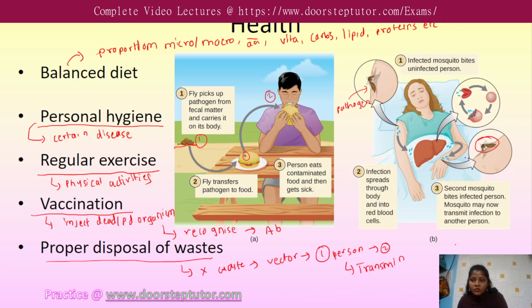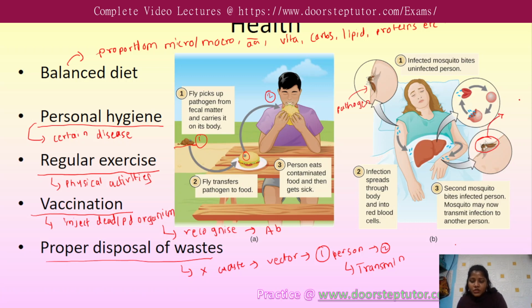While the second mosquito bites the infected person, there is a chance of sucking in that pathogen as well, which resides in the RBC of the patient.